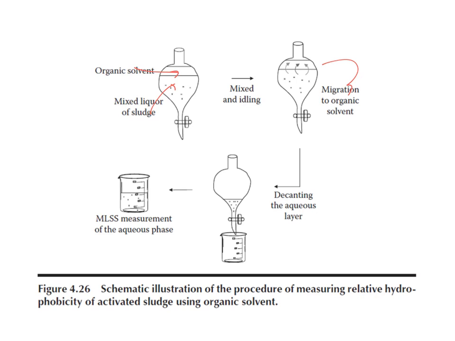Then we get a clear separation between organic solvent and water, and we can decant the aqueous layer and measure the MLSS after the extraction. If this aqueous phase loses a lot of MLSS, it means these microbial flocs are highly hydrophobic.